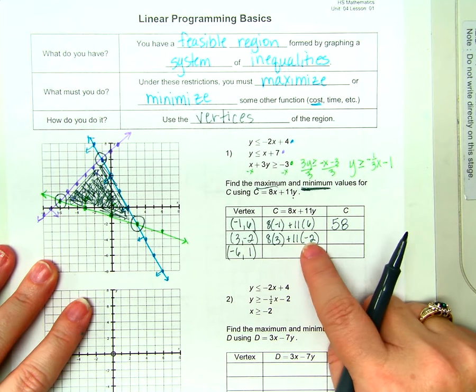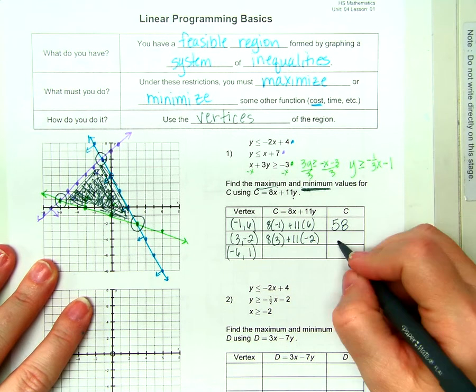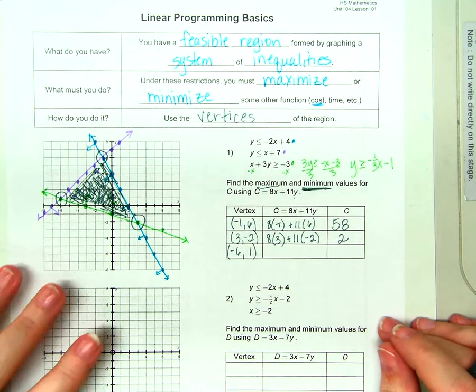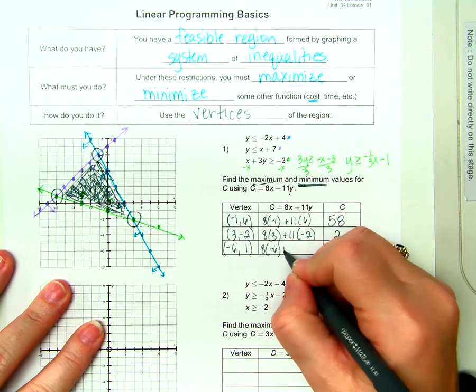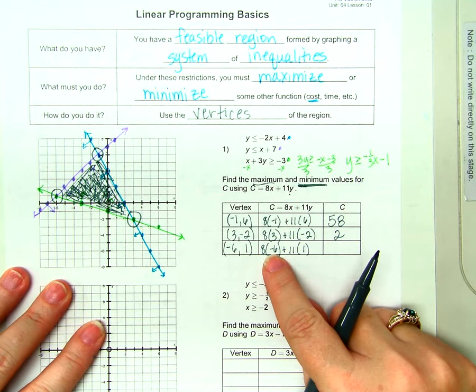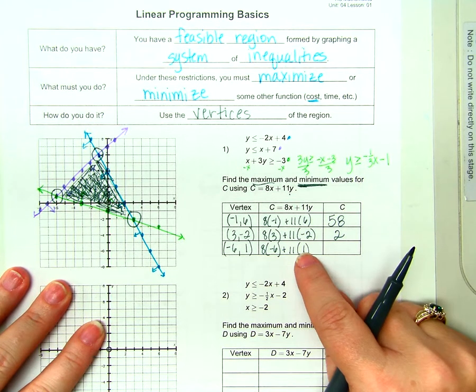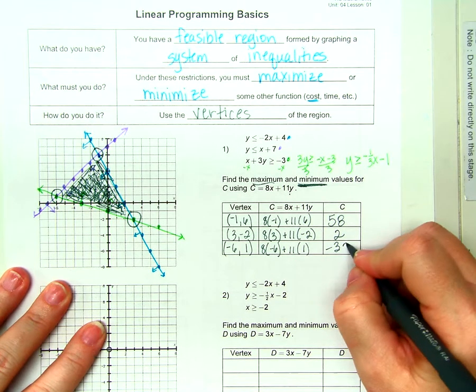What's 11 times -2? -22, and 24 and -22 is 2. 8 times -6 plus 11 times 1. What's 8 times -6? -48. What's 11 times 1? 11, and -48 and 11 is -37.